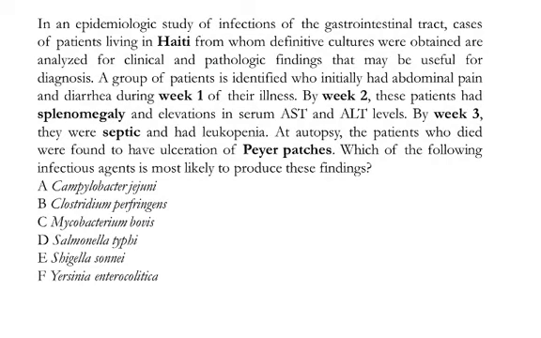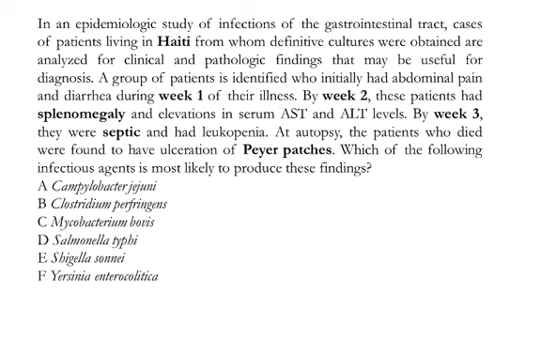In an epidemiological study of infections of the gastrointestinal tract, cases of patients living in Haiti from whom definite cultures were obtained are analyzed for clinical and pathologic findings that may be useful for diagnosis. A group of patients initially had abdominal pain and diarrhea during week 1 of their illness.